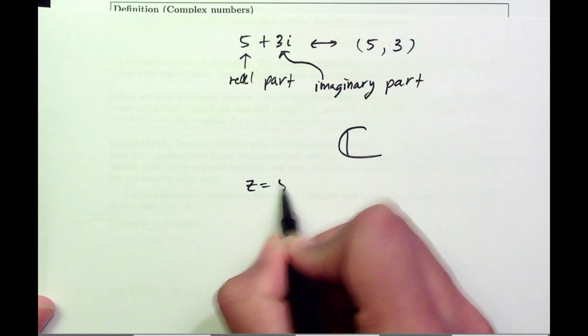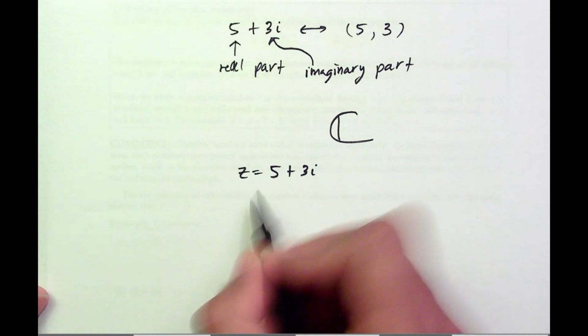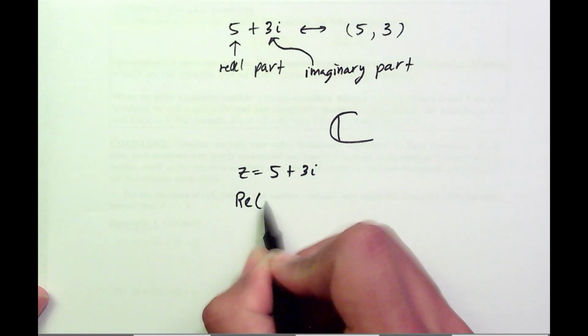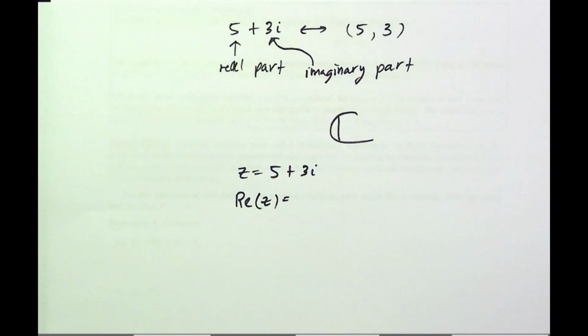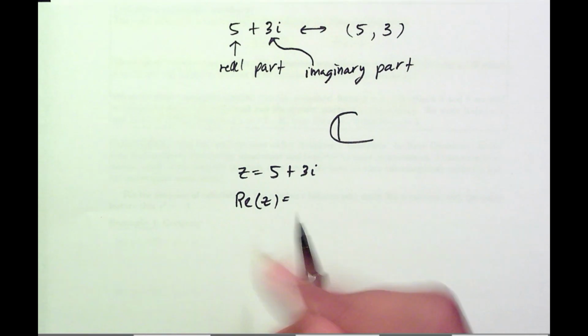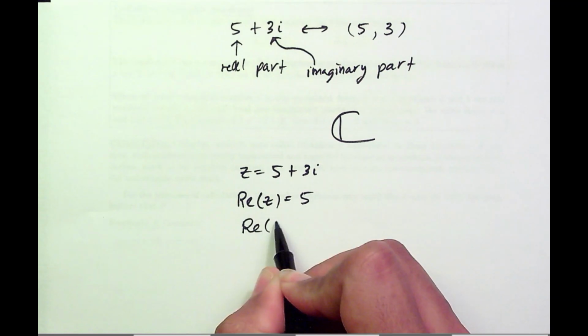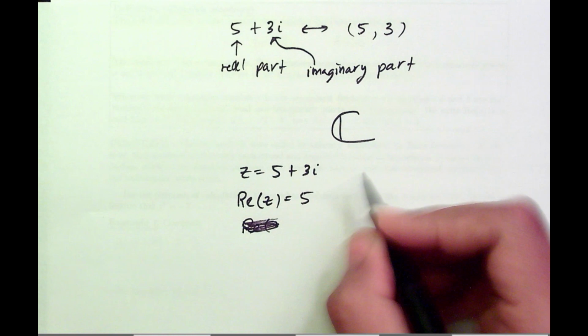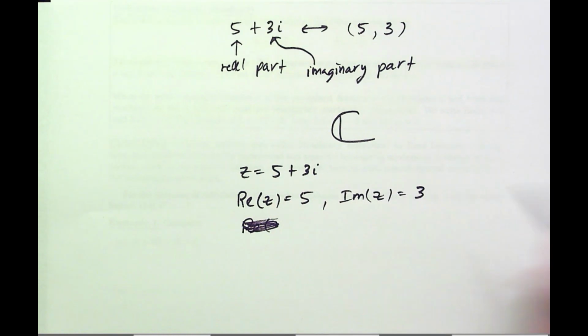So suppose z is this complex number, then the real part, which is 5, is denoted like this. The real part is 5, and the imaginary part is 3.